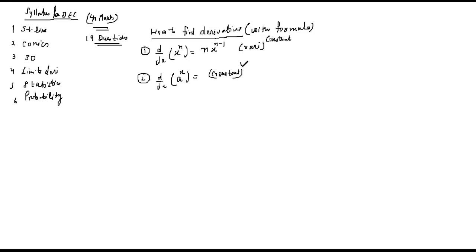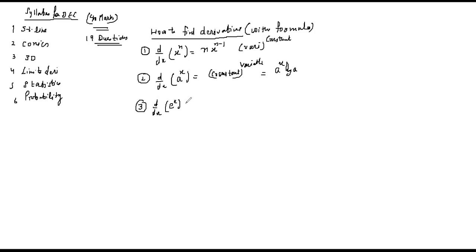Constant raised to power variable is equal to a^x log a. So you have to take care of these two formulas. In the first result, variable raised to power constant. In the second result, constant raised to power variable. Clear?